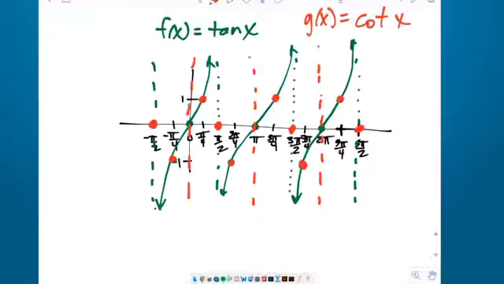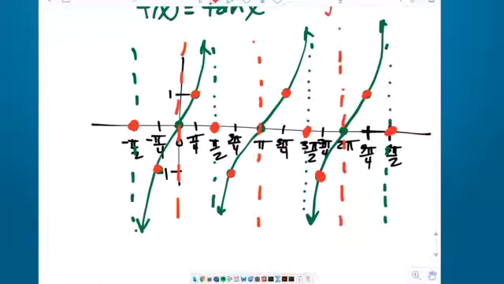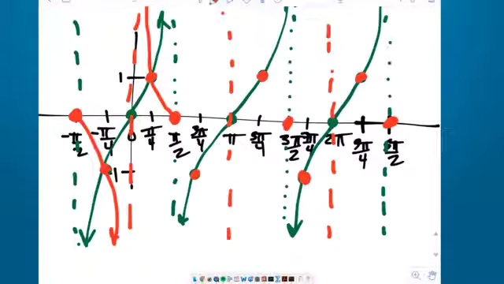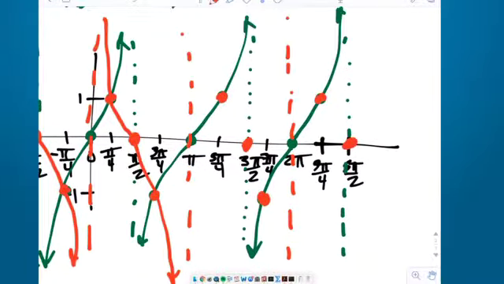And now all I have to do is connect the red dots in between the red vertical asymptotes in much the same way we did tangent. All right? So if you do that, start from your axis points and go both ways. So I'm going to start at negative pi halves. It looks like it's going to be decreasing. Decreasing from 0 to pi halves. Inflection value, pi halves to pi.